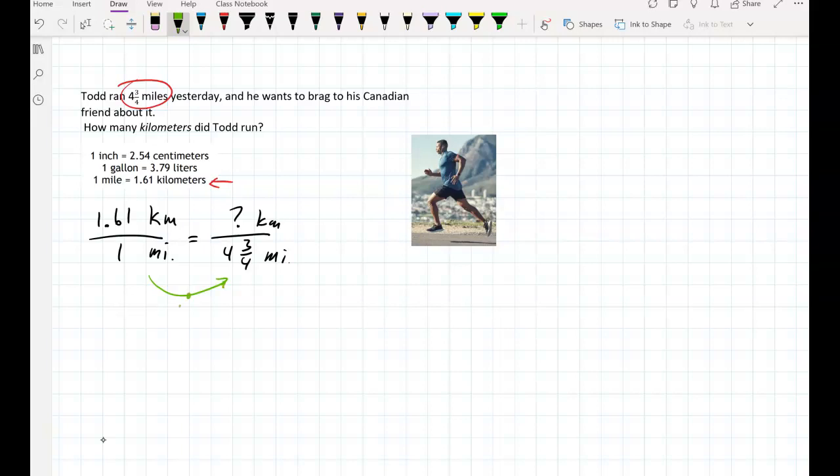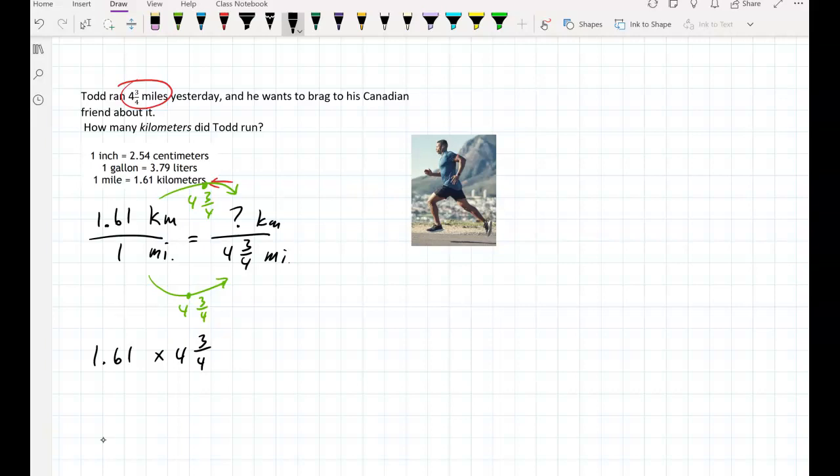Well, I'm going to multiply by 4 3/4. And if I do that in the bottom of my proportion, I have to do the same thing up here, times 4 3/4. So what I end up doing is multiplying 1.61 times 4 3/4.